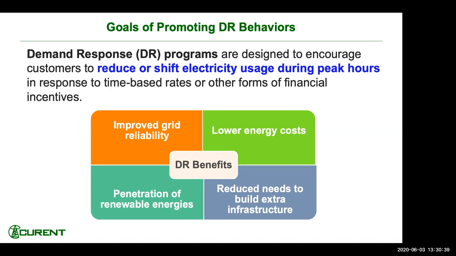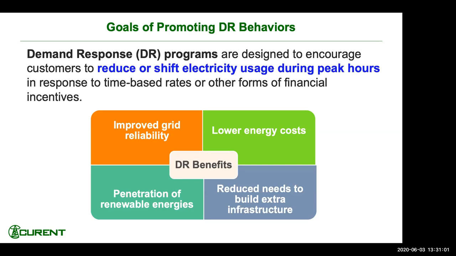The key is the peak hours. There are several different kinds of programs, very complicated. The purpose is lower energy cost. If we can reduce our peak hours, maybe we can reduce the chances of having to build more power plants.